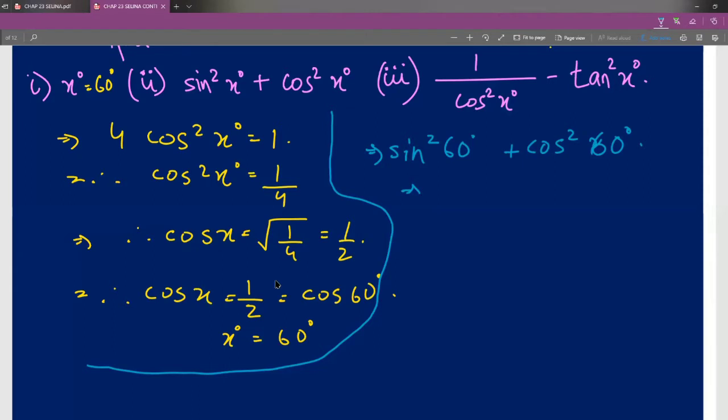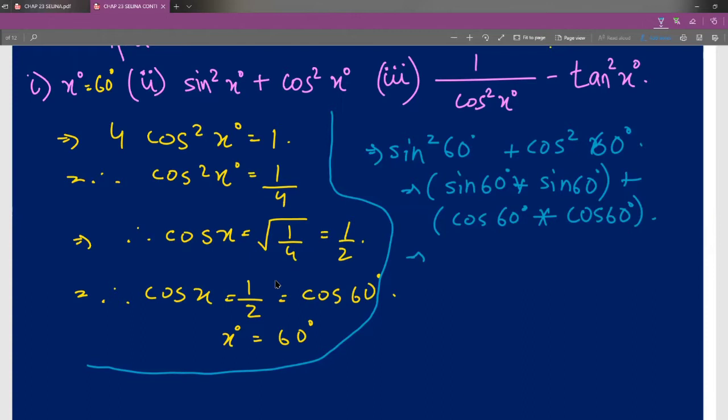So therefore, sine square 60 degree can be written as sine 60 degree into sine 60 degree, plus cos square 60 degree, that can be written as cos 60 degree into cos 60 degree.